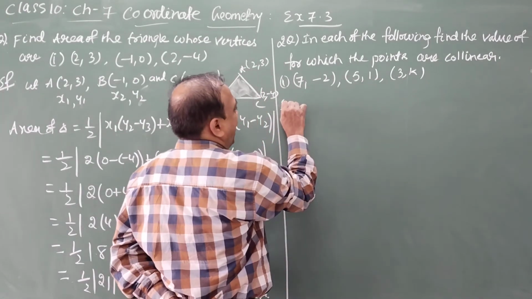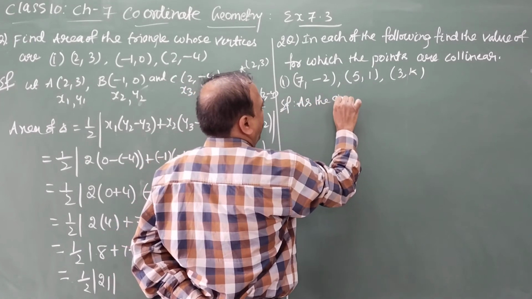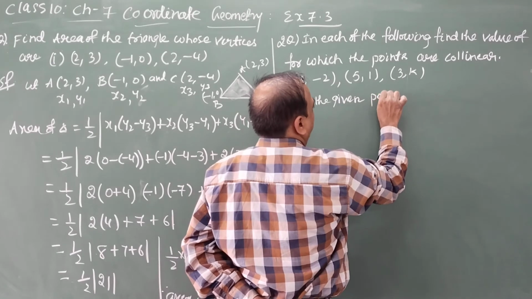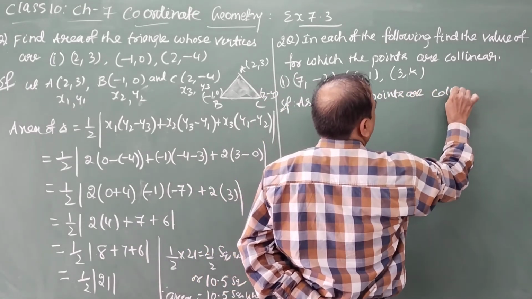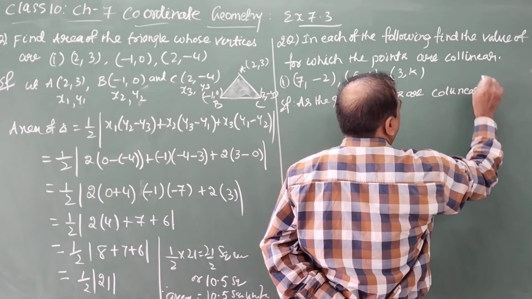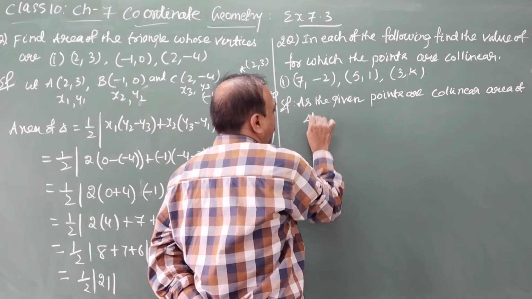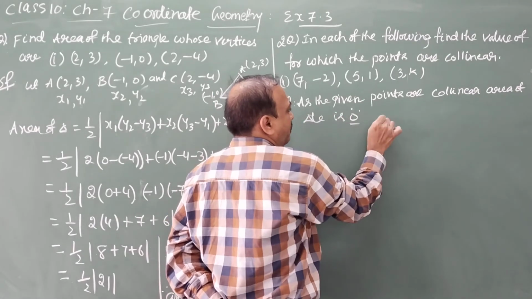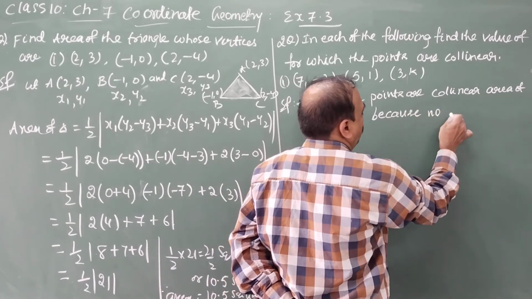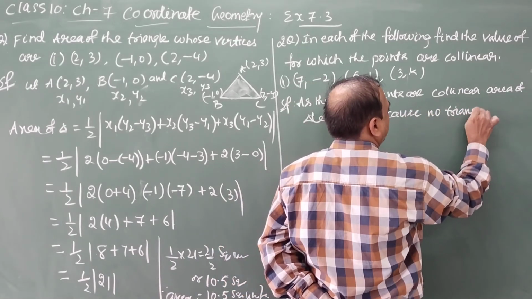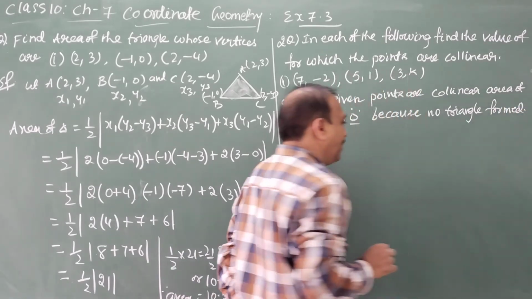Right. So, solution. As the given points are collinear, the area of the triangle is 0 because no triangle is formed.